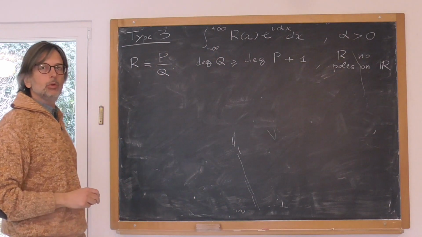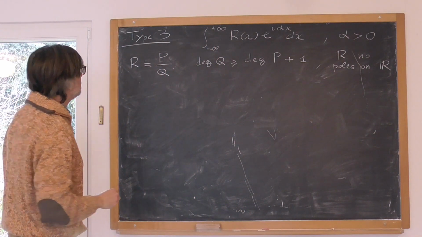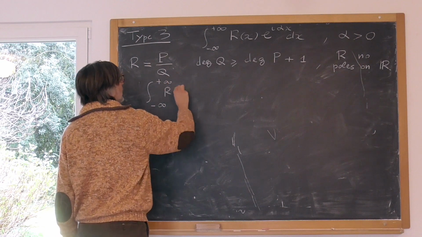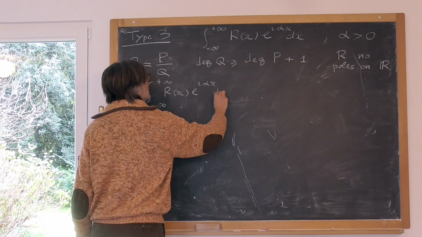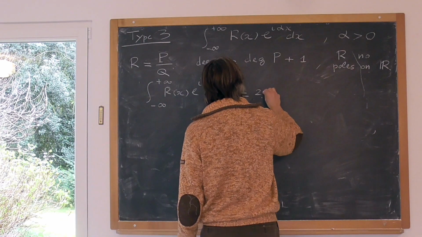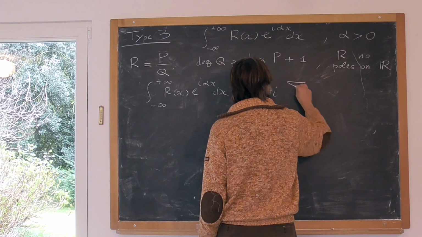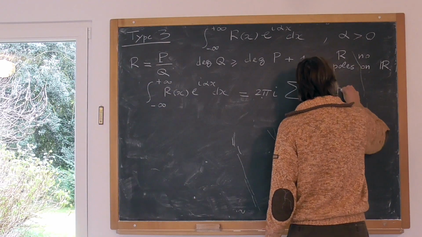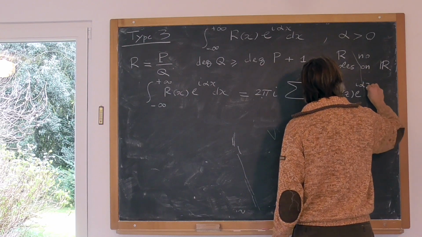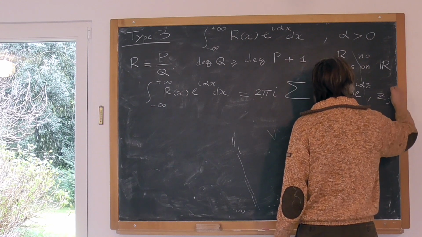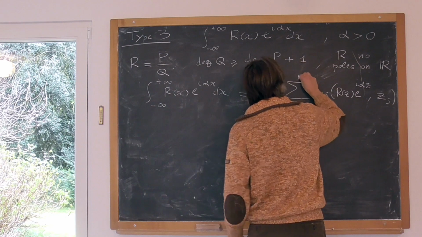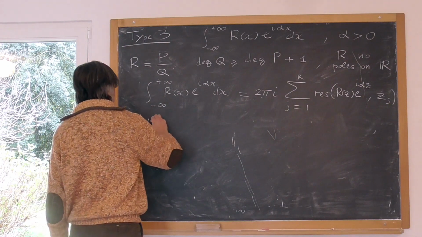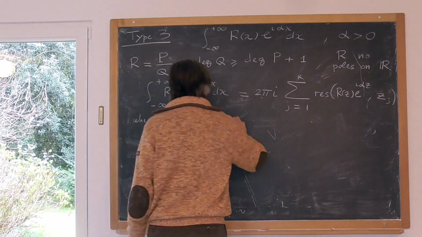Okay, this is the integral we would like to compute, and the formula is, so the value of this integral, of r of x e to the i alpha x dx, is 2 pi i times the sum of the residues of the whole function, r of z e to the i alpha z at z_j, where again the z_j are the poles of r in the upper half plane.